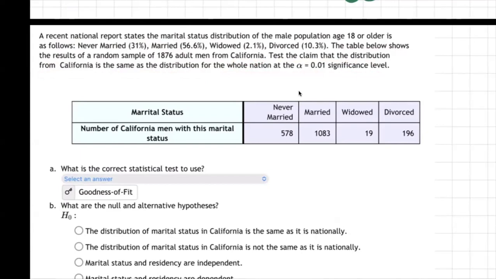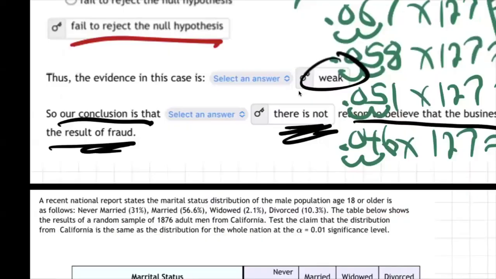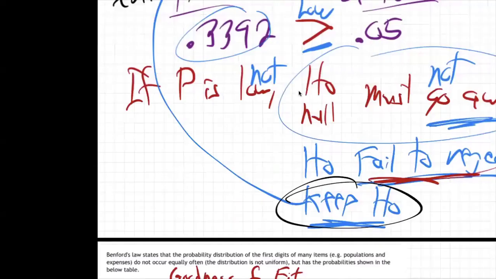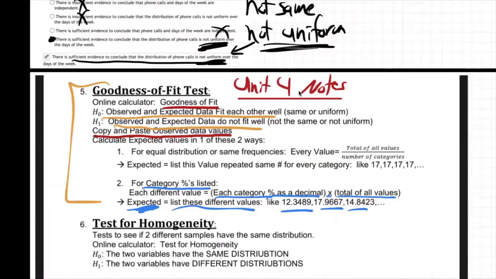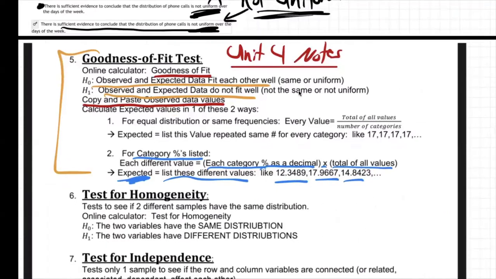How do we know? First off, how do I know that this is a goodness of fit test? Well, if you look at the notes, let me come up here to the notes with you. So here are the Unit 4 notes. Goodness of fit, as you see down here, says category percentages are listed.